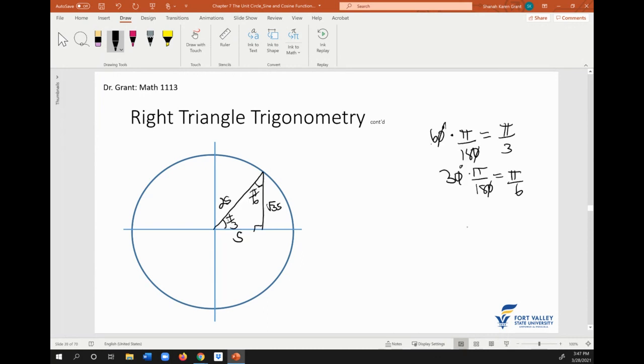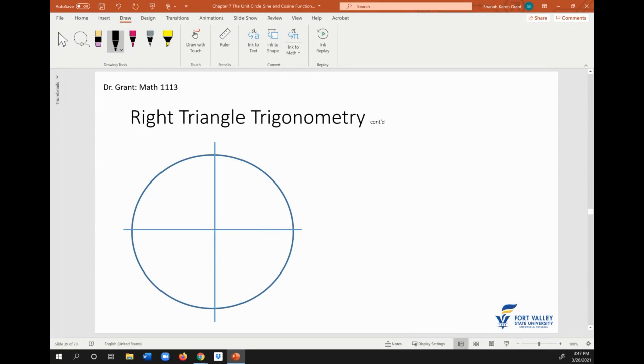So we call this a 30, 60, 90 degree triangle. Another type of special triangle is the 45, 45, 90 degree triangle. So again, I'm going to have my right triangle inscribed in my circle. And we can also figure out what 45 degrees is in radians. That's going to be pi over 4.